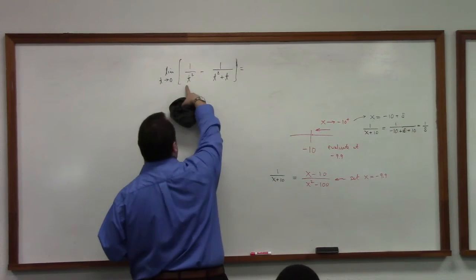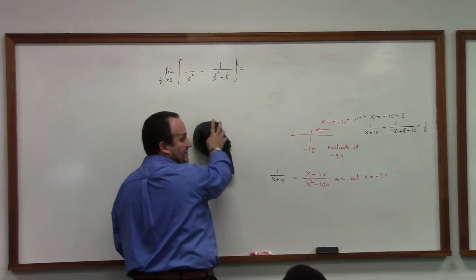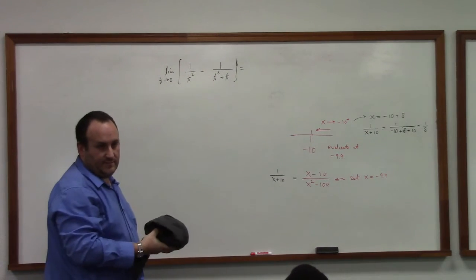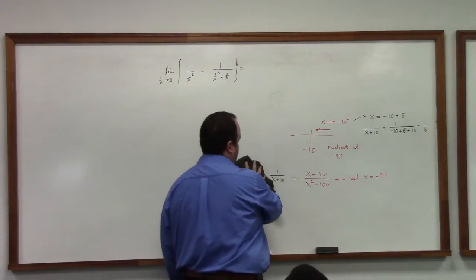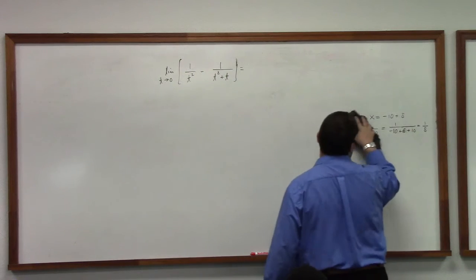Well, I mean, that's 1 over 0. That's 1 over 0. But they don't have the same denominator yet.